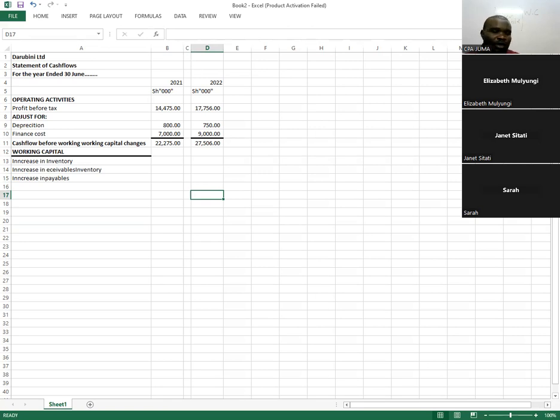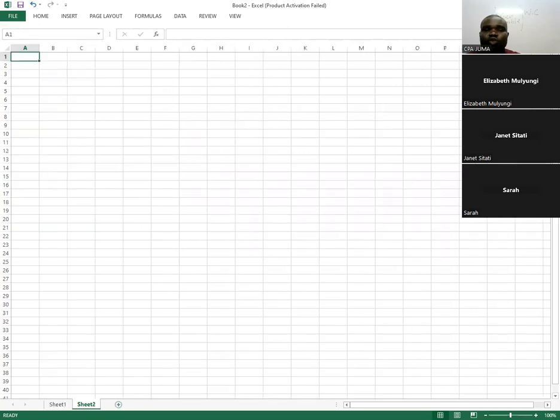So when it comes to that working, I will open another worksheet. I will call it working 1. The arrangement might not be regularized.